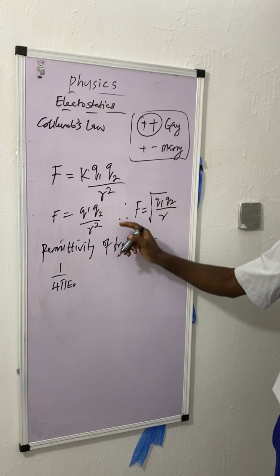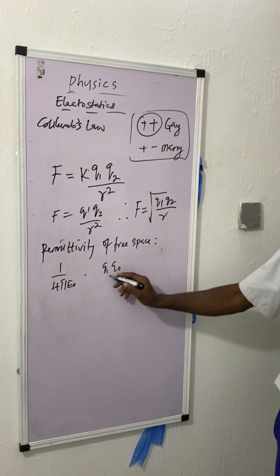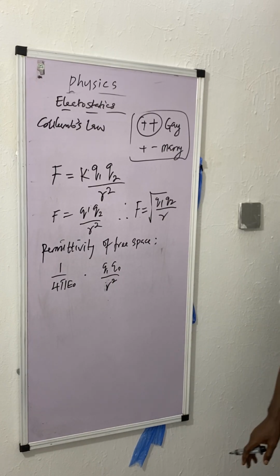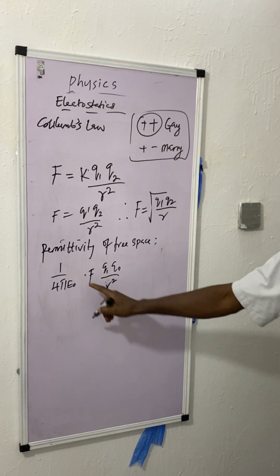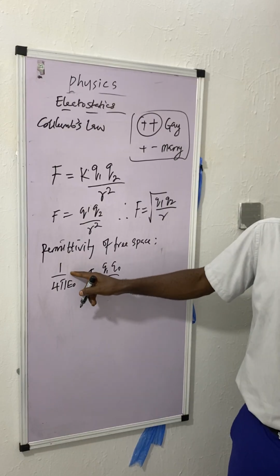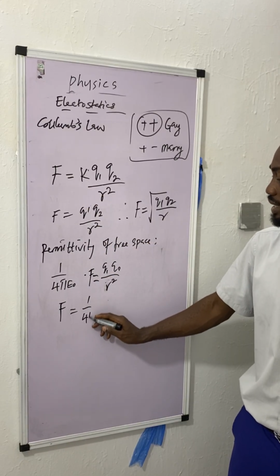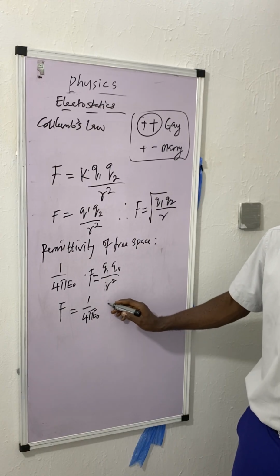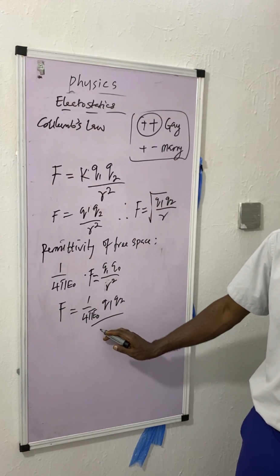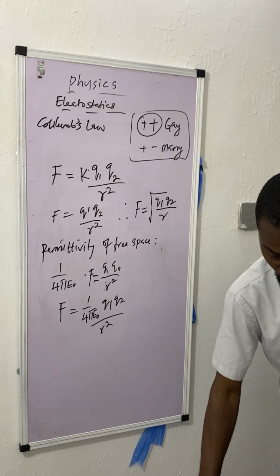So we can bring this into Coulomb's law: F is equal to 1 over 4 pi epsilon naught times Q1 Q2 over R squared. We can use this to solve depending on the nature of the question.